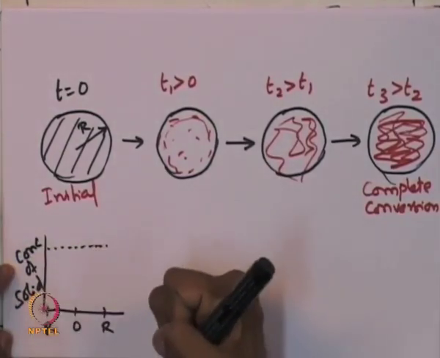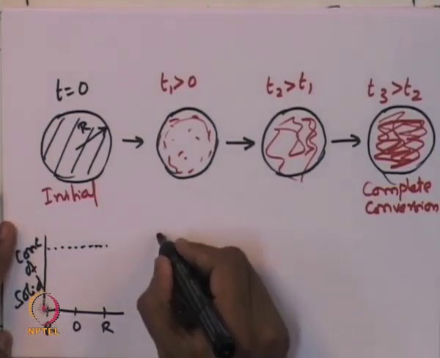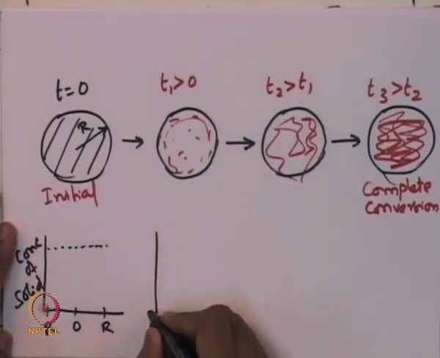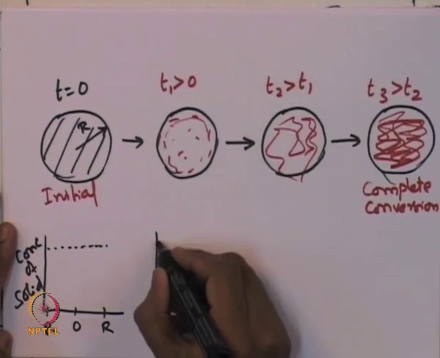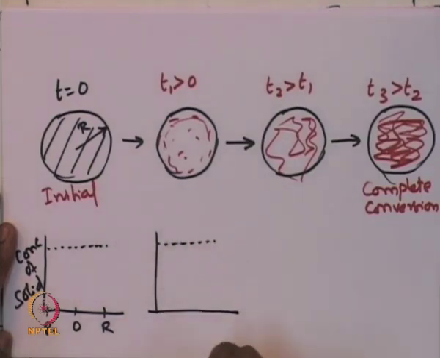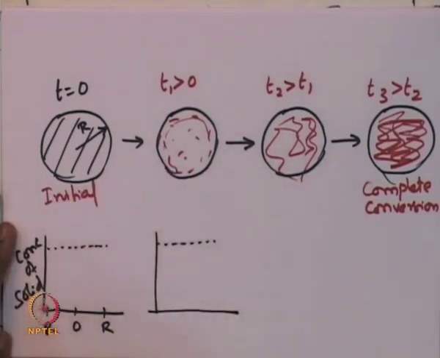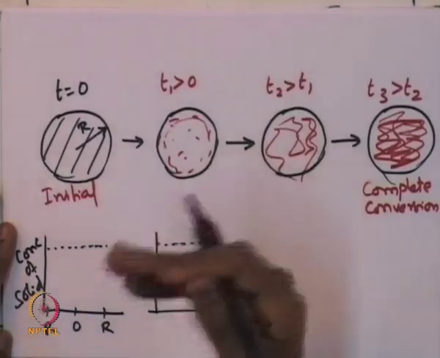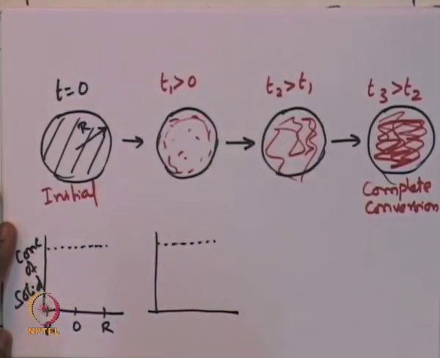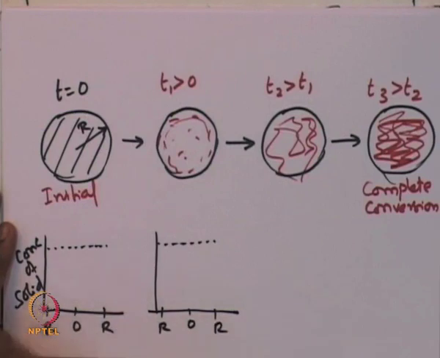Then as time progresses, this is the initial concentration, but because the reaction is occurring all through the particle, it may be non-uniform because the rates may be different in different locations. So, we can sketch the profile in this way.